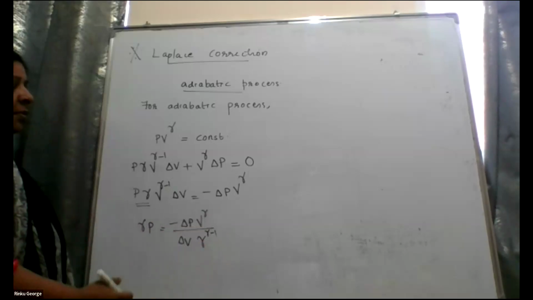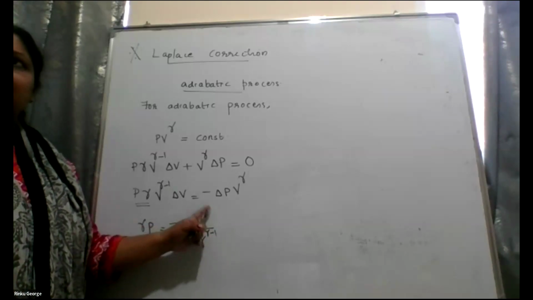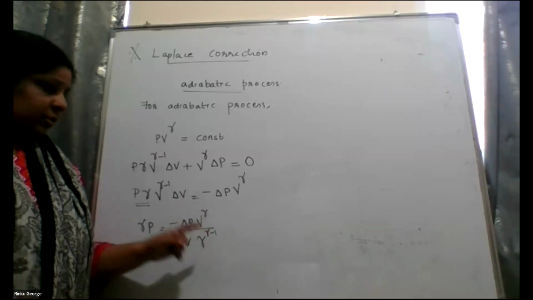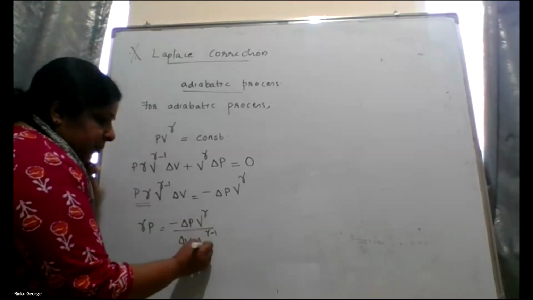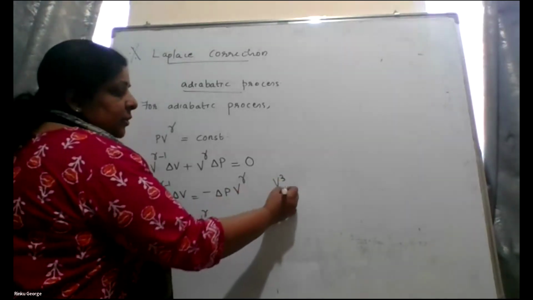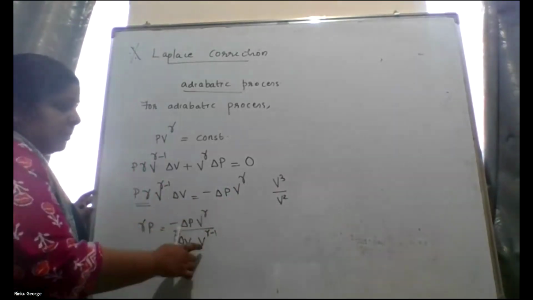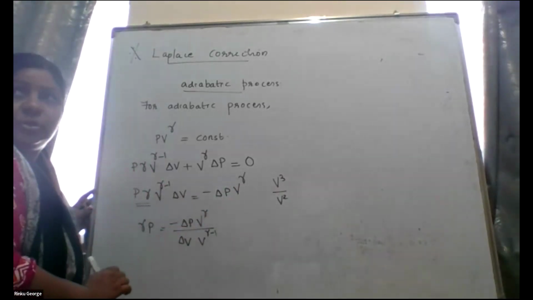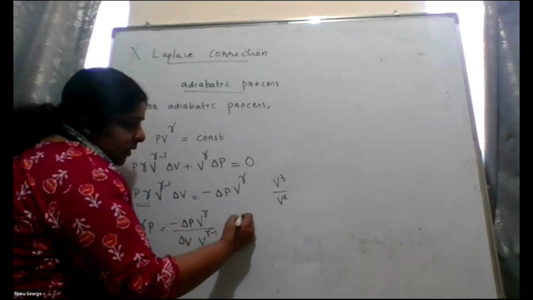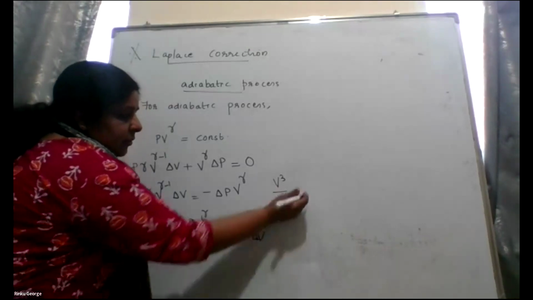What is V gamma by V gamma minus 1? V cube by V square is V, so V will come in the numerator. So here, V gamma and V gamma minus 1, V will come in the numerator. Correct, right? So this will be minus delta P V by delta V.